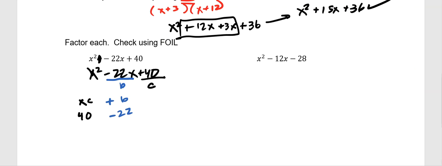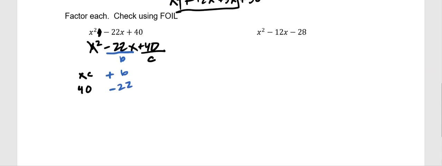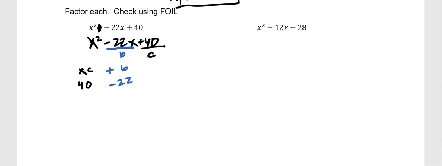We started to develop some number sense here. We should recognize that if we are multiplying to a positive but adding to a negative, both of my numbers will have to be negative. So negative 1 times negative 40, well, that gives me negative 41 as a sum. Being that it's even, negative 2 times negative 20 gives me the 40 that I need, and gives me the negative 22 I need as a sum.